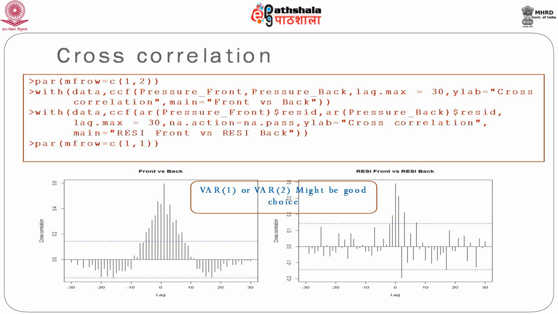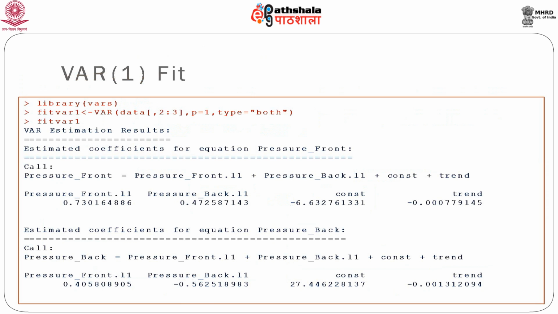As there is strong evidence of cross correlations, you should consider the vector autoregression, because the two variables are dependent on each other. That's why VAR1 or VAR2 might be the appropriate choice in this context.